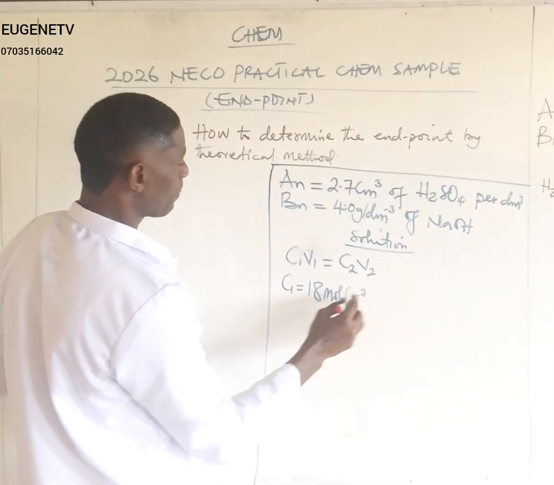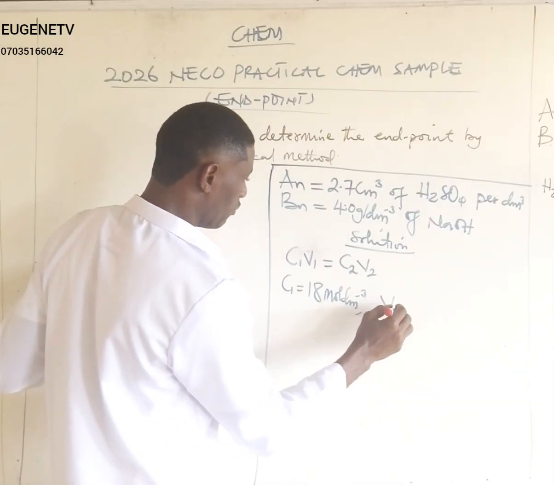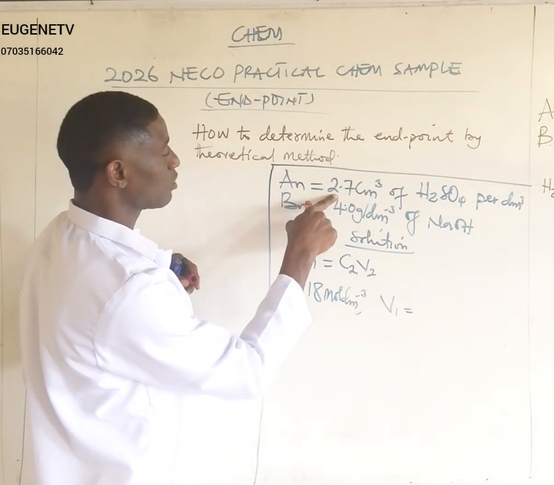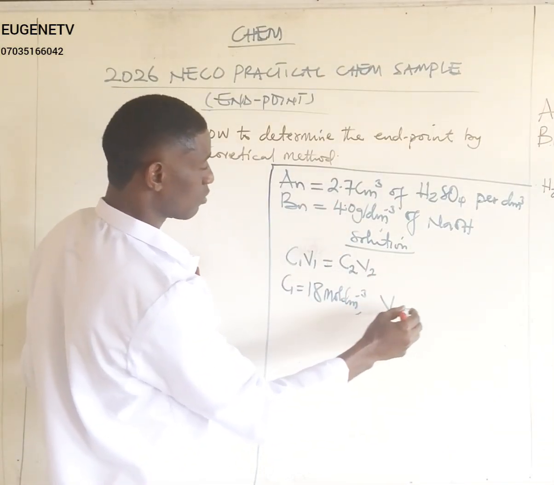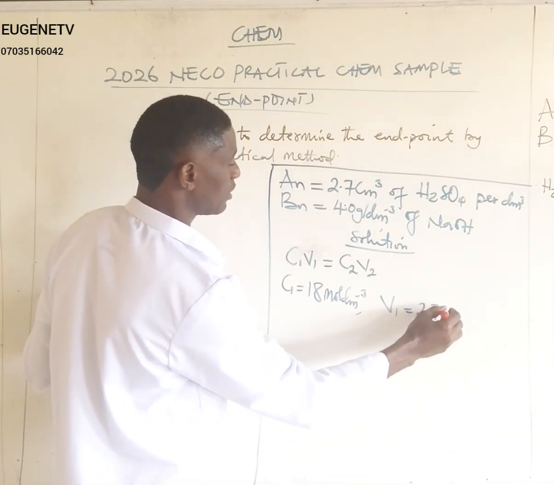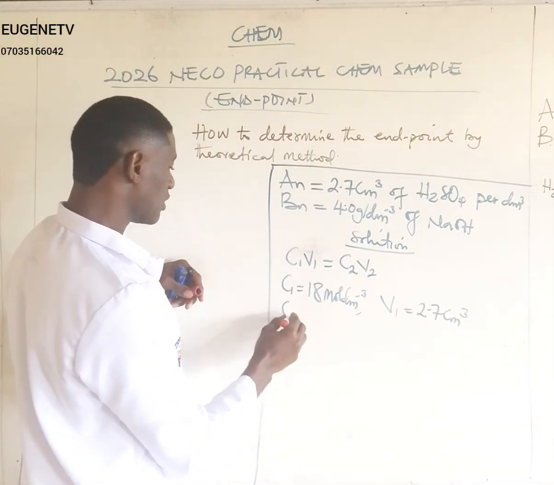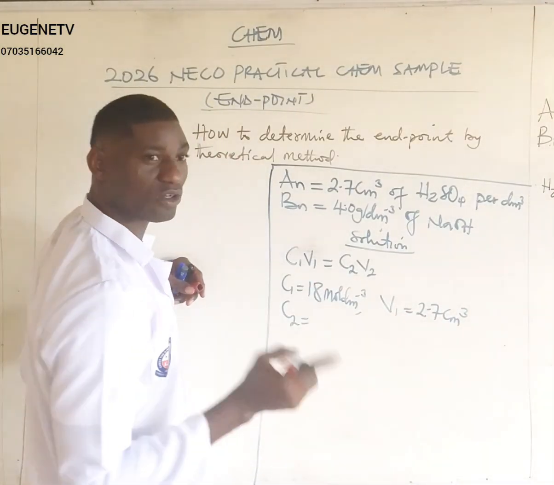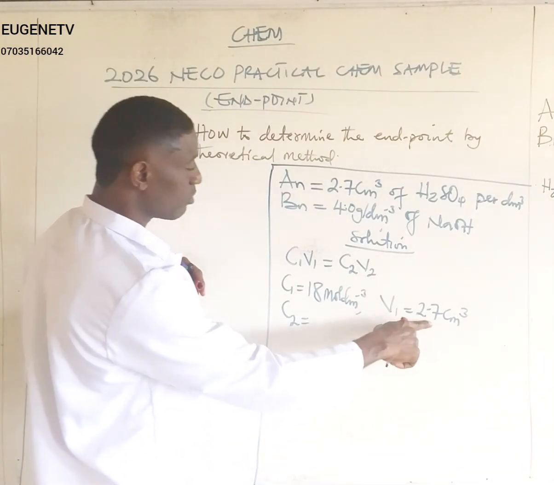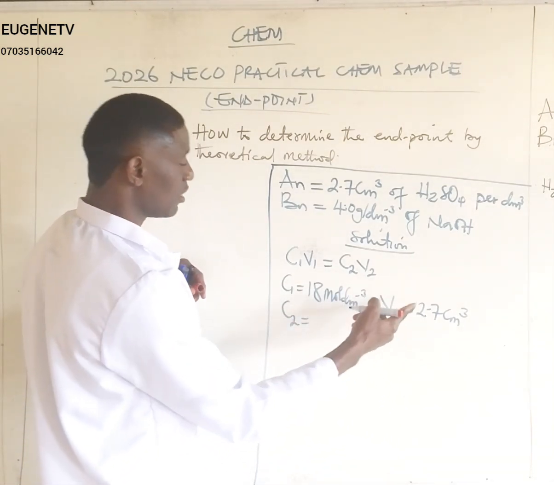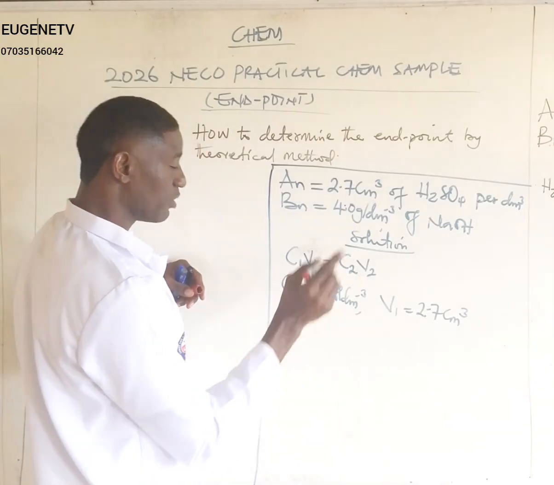Then V1 here becomes the volume that was required to dissolve in 1 Dn cube, which is 2.7 Cn cube. So C2 here is the final concentration. If we have dissolved this volume of the acid in 1 Dn cube, what is going to be the final concentration?